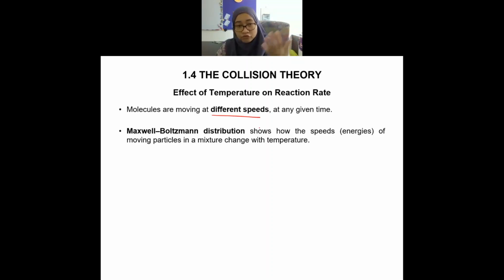Tidak semestinya they move at the same speed. They are actually nitrogen molecules, cuma dia punya speed dia tak sama. So how do we represent the whole collective nitrogen molecules?